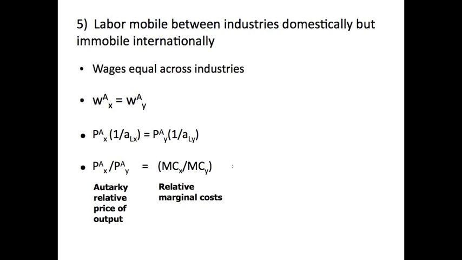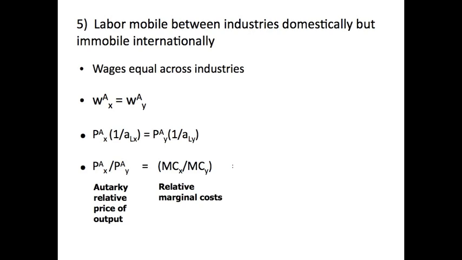Now, the ratio of the two prices gives us the relative price of X. And this is a very important idea. That is the price of one good compared to the price of another good. And then the relative marginal cost is going to have another important interpretation.